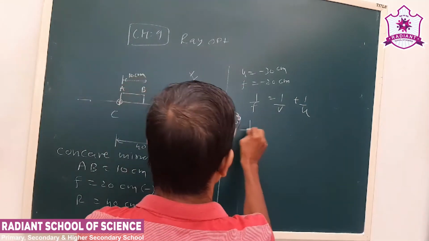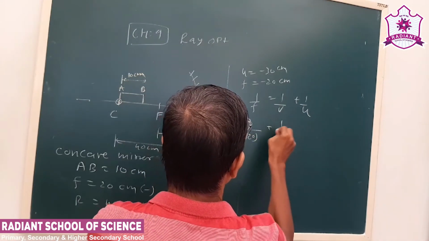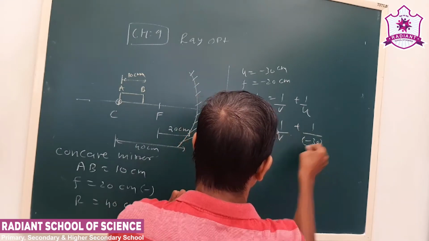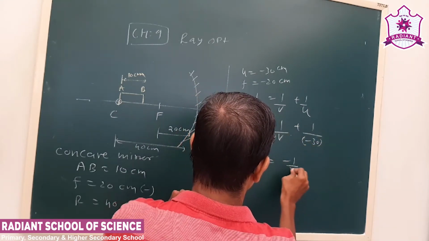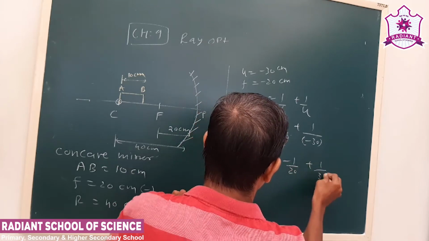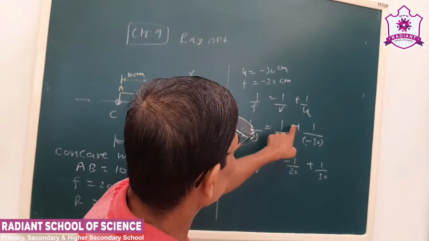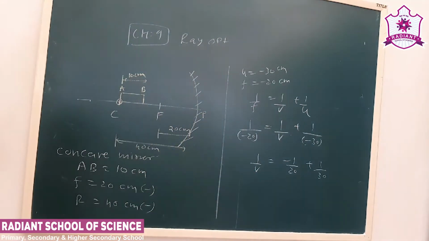1 upon f is minus 20. See, this will become negative, and when moved to the left hand side will become positive.